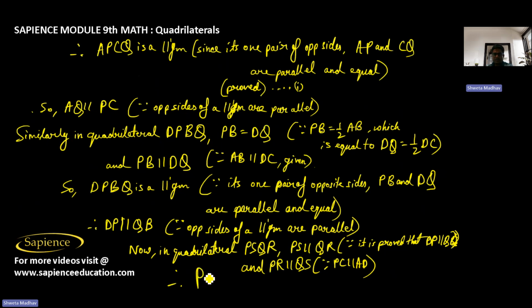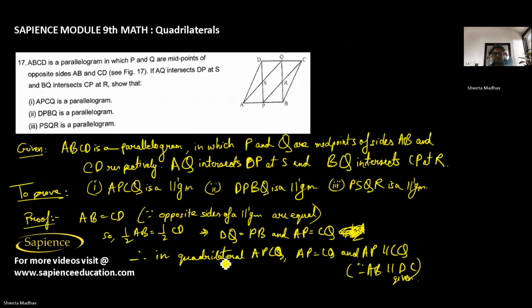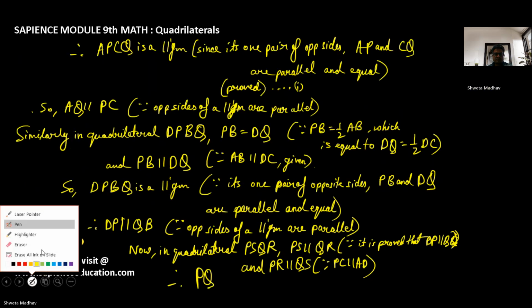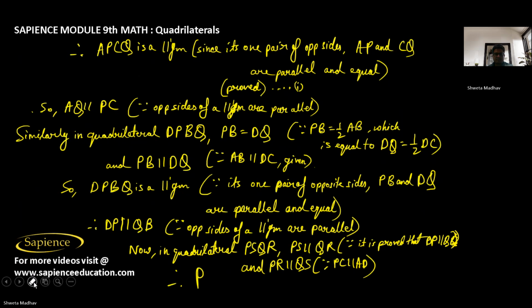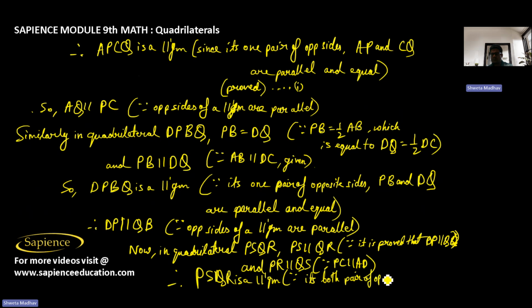So PSQR is a parallelogram since both pairs of opposite sides are parallel to each other.